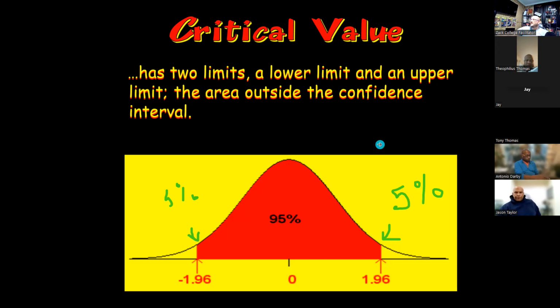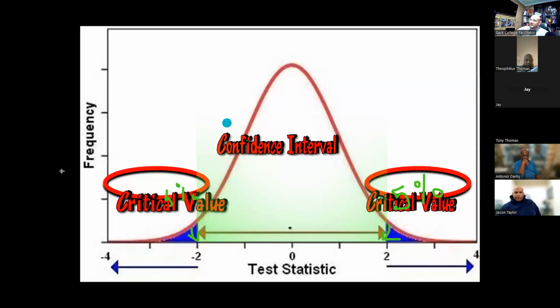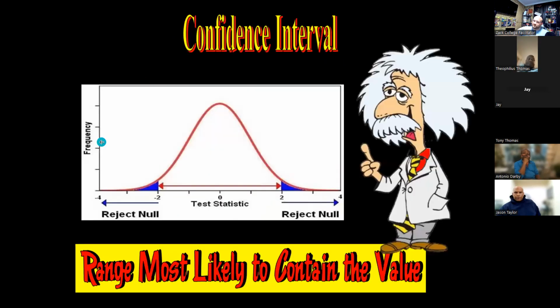And this is why the case study revolves around that variable. So just know the confidence interval is going to be the range most likely to contain the value. And I always try to say, okay, this is going to be for the most part 95%.